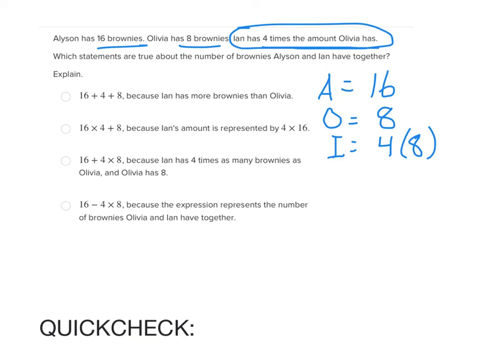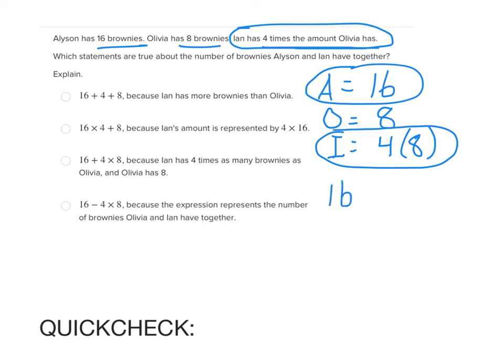Okay. So which statements are true about the number of brownies Allison and Ian have? Well, they have 16, that's what Allison has, plus 4 times 8, that's what Ian has. All right, 16 plus 4 times 8. I could actually add these up. So it's going to be 16 plus 32.